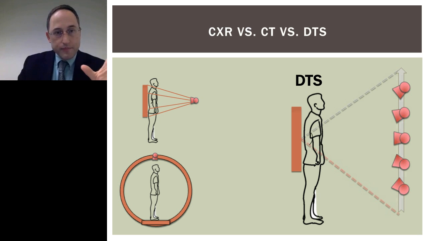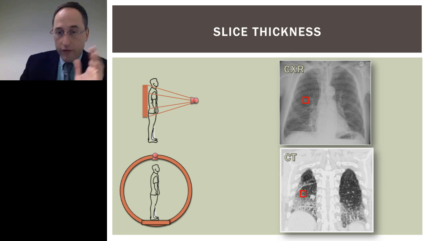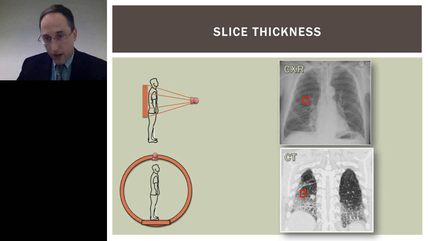Okay, all right, so these are the three acquisition methods that we have: radiography on the top right, CT bottom left, and tomosynthesis on the right-hand side. Let's first just look at radiography and CT. I have two images on the right-hand side there and a small red box.